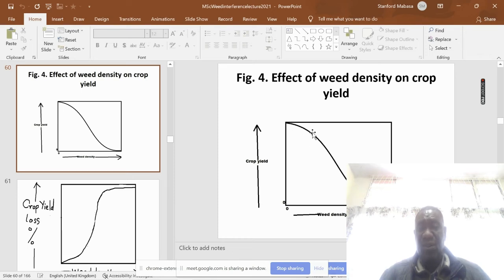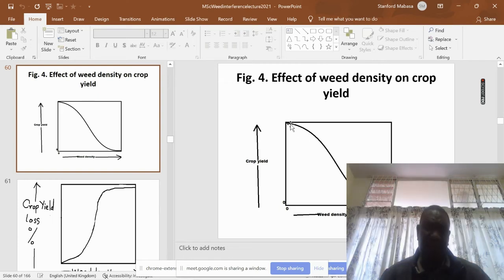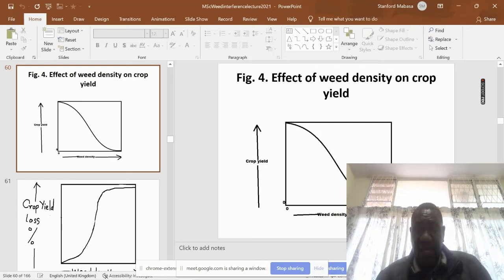Now, this sort of relationship, where in the beginning it's sort of flat, where nothing seems to be happening, then suddenly you've got a steep slope, then it actually curves.